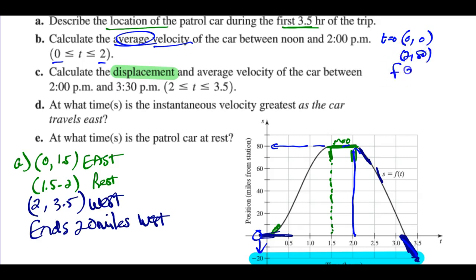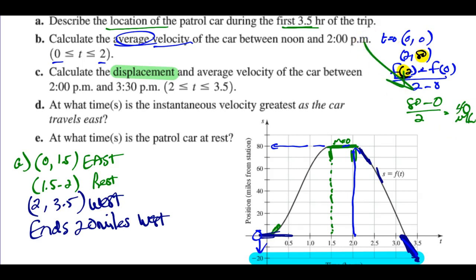Let's use the average velocity definition. It's just slope, y minus y over x minus x. So f at 2, that's the 80. So f of 2 is 80 minus 0 over 2 minus 0, which is just 40. And that's 40 miles per hour for part B.